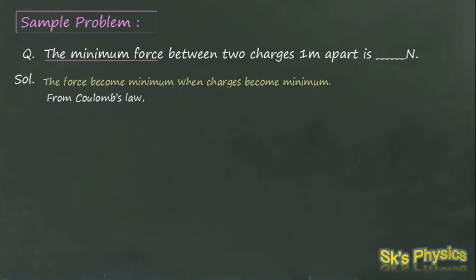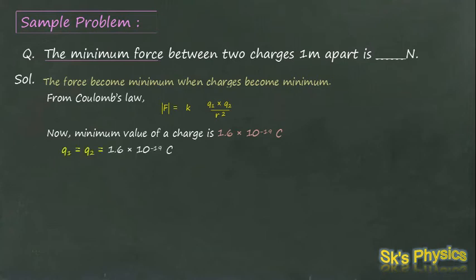From Coulomb's law, F is equal to K Q1 Q2 by R square. Now minimum value of the charge, that is charge of electron, is 1.6 into 10 raised to minus 19 coulomb. So Q1 Q2 is equal to 1.6 into 10 raised to minus 19 coulomb.